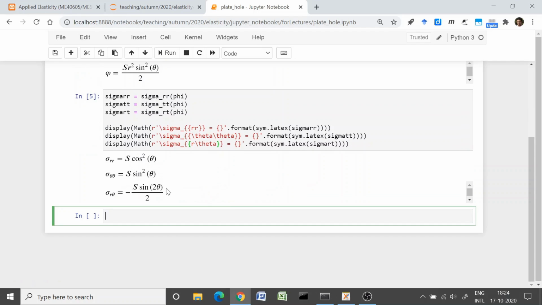All right, so these are my expressions. Sigma rr is equal to S cos squared theta, sigma theta theta is equal to S sine squared theta, and sigma r theta is equal to minus half of S sine 2 theta.